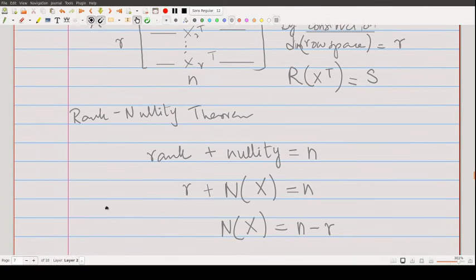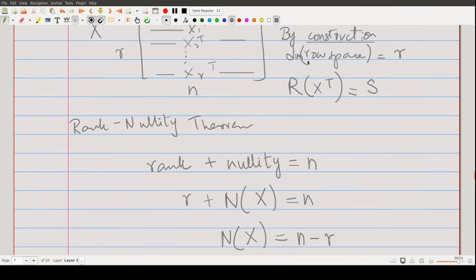But here's the thing. Since the range of X transpose is S, the orthogonal complement of the column space of X transpose is simply the orthogonal complement of S, and we've shown in the previous theorem that this is nothing but the null space of X. So if you want the orthogonal complement of the column space of the transpose, you just look at the null space.